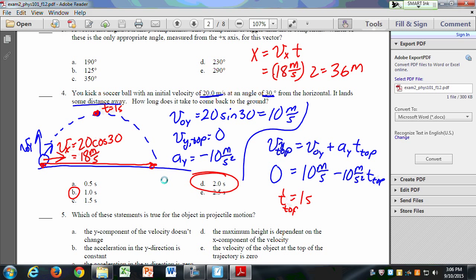Similarly, I could also find the distance that it goes in the y direction, where I just plug in for this equation, y is equal to v naught y times t plus 1/2 ay t squared, and just put in the appropriate values here. I would use v naught y, which I've already found to be 10.